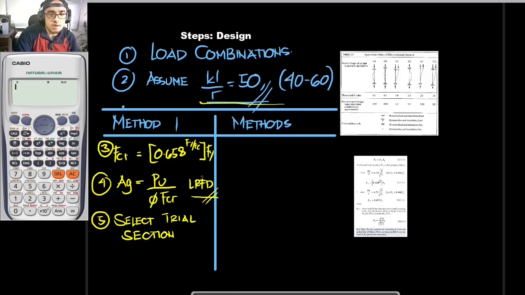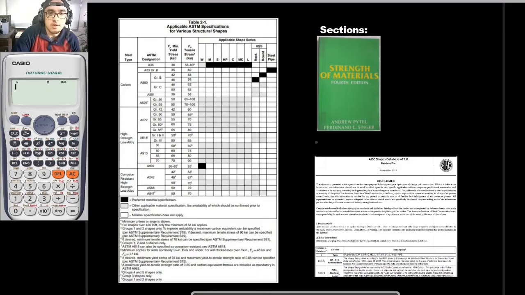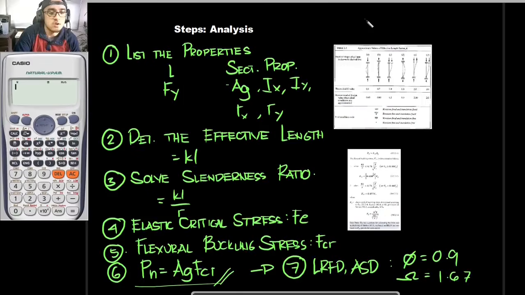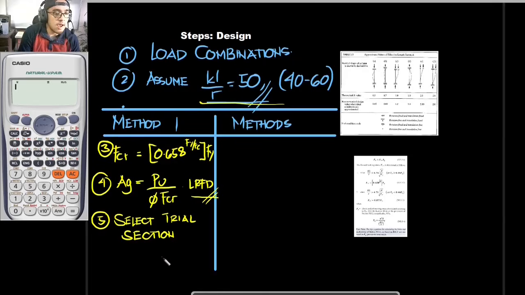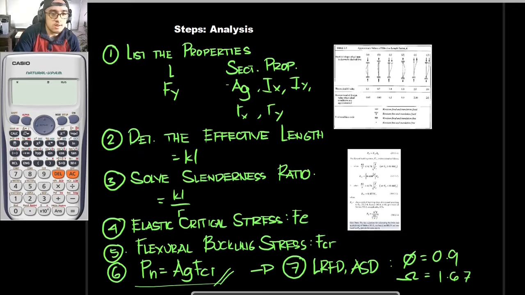So sa step 5 natin, babalik tayo dito sa ating database. So i-check nyo dyan kung anong cross-sectional area, I mean kung anong section yung merong cross-sectional area ng hinahanap nyo. And after you have selected your trial section, the next step is to analyze using these steps right here.